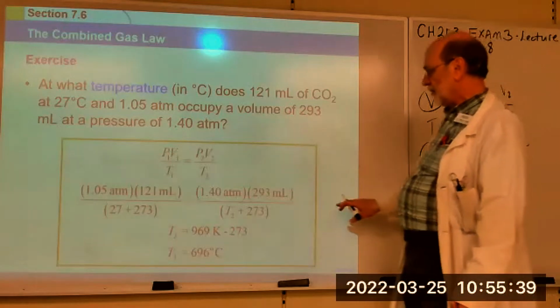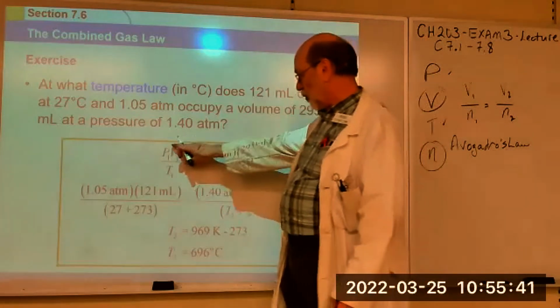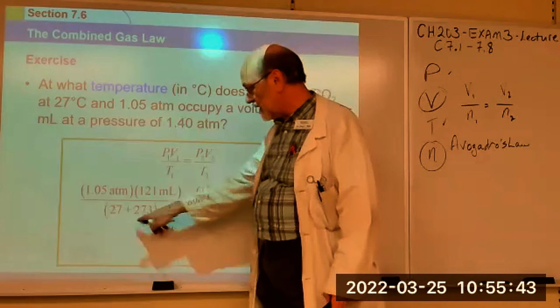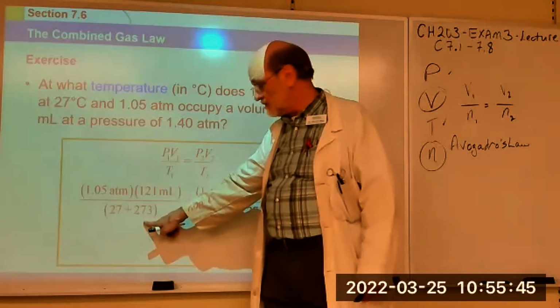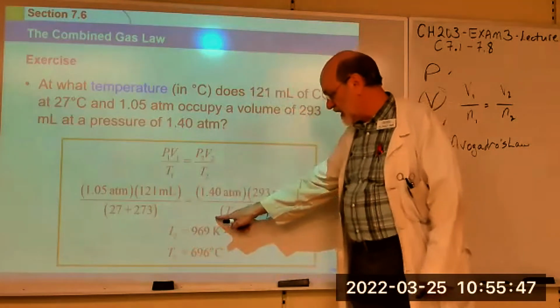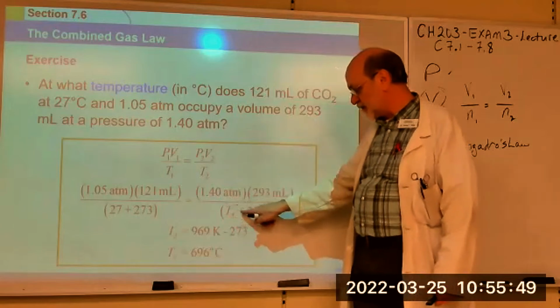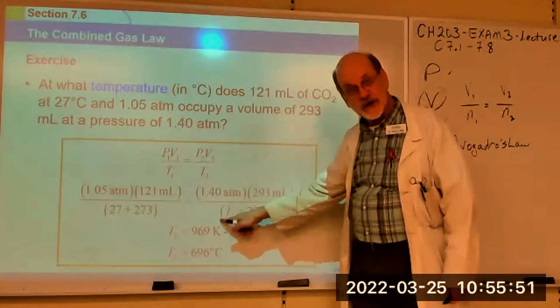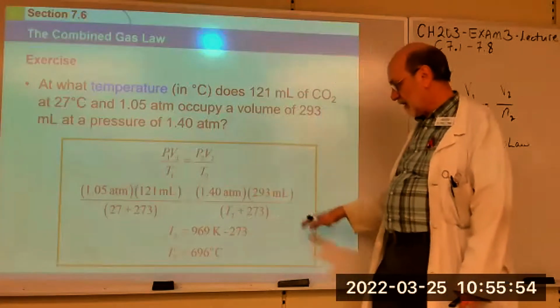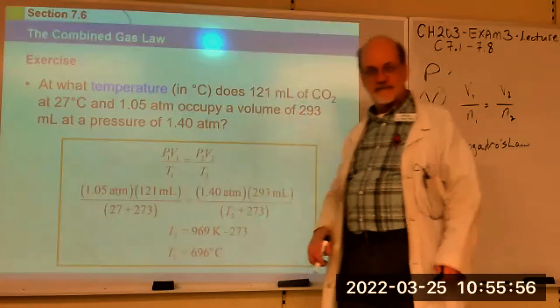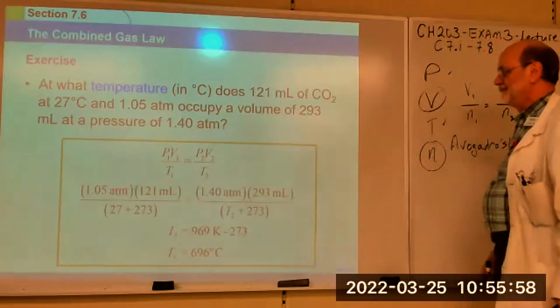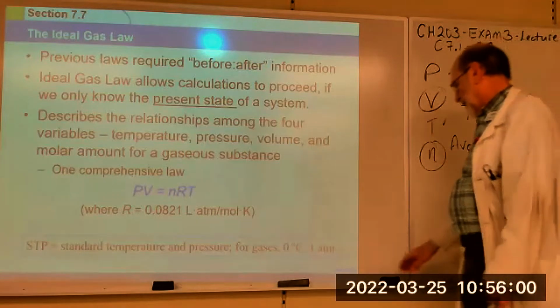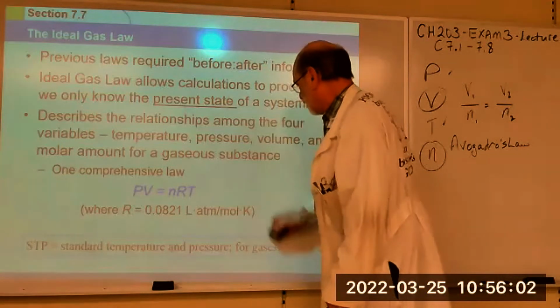So in this case, we've defined the individual values, we'll put them in, change the temperature to Kelvin, which is the temperature in Celsius plus 273. There's your unknown. Then you can solve for it.